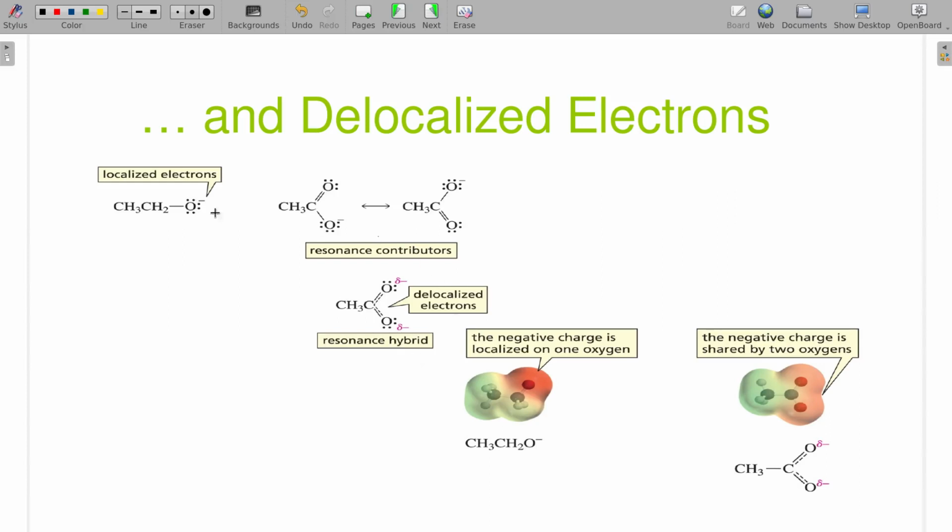And now, rather than have all that negative charge localized on one atom, you have that negative charge spread over two. That spreads that negative charge out and makes the anion more stable. And just by having that resonance, it allows the deprotonation to happen more often.